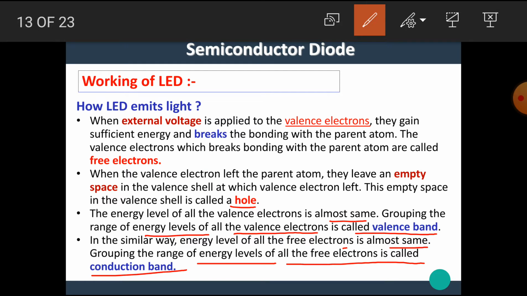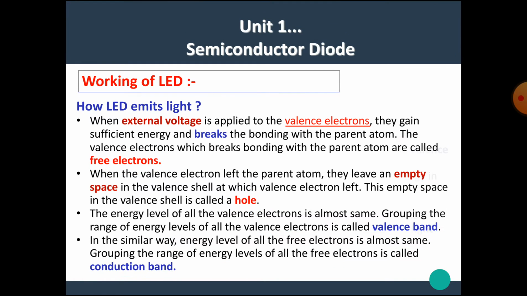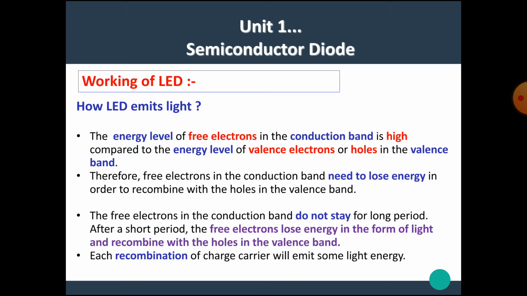That means the range of energies possessed by all the free electrons is known as the conduction band, and the range of energies possessed by all the valence electrons or the holes is known as the valence band. Okay, I hope you all get the basic idea about the valence band and conduction band.